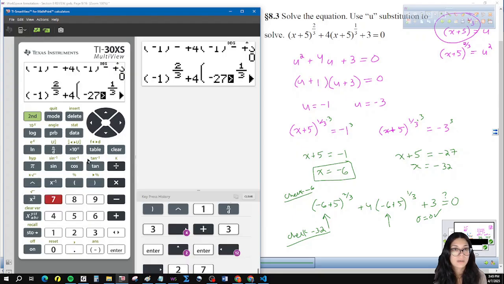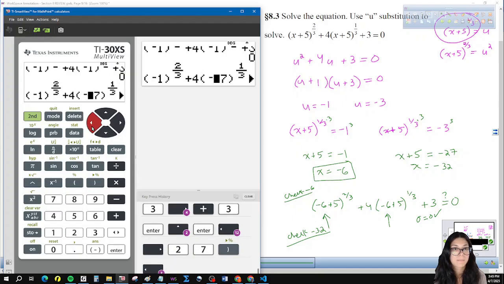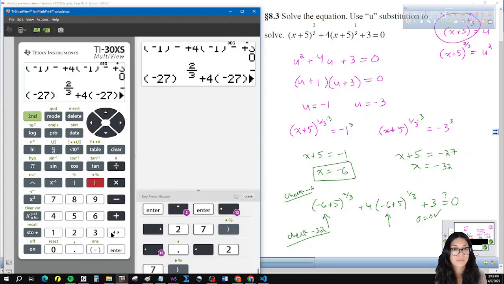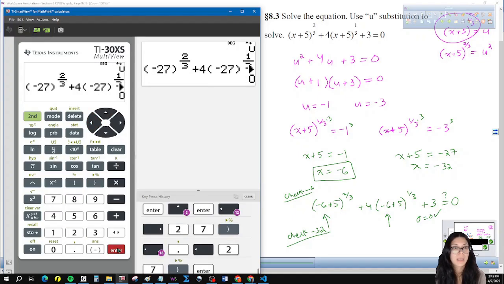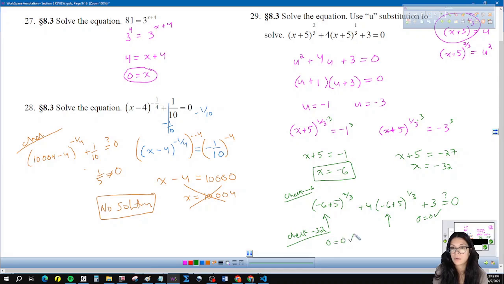Insert a 7 with a parenthesis. Okay. And we got 0 for that one as well. Okay, so both work. When I checked -32, it also gave me 0, so that one works as well. So we have two solutions on this one.